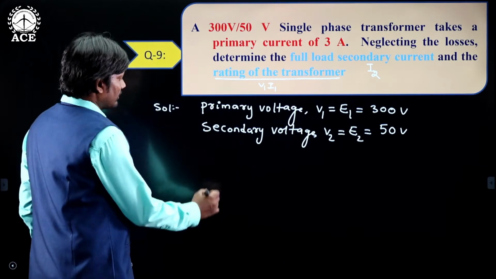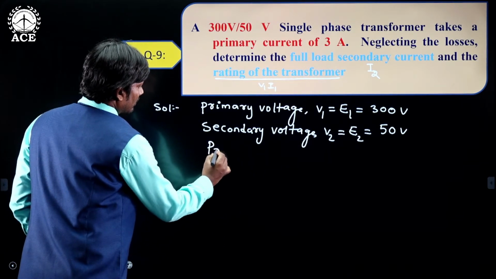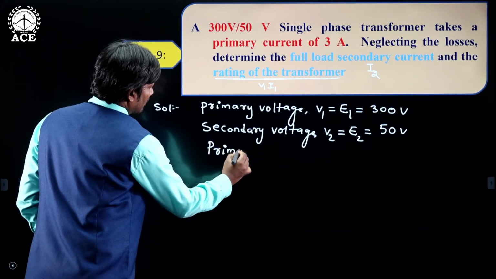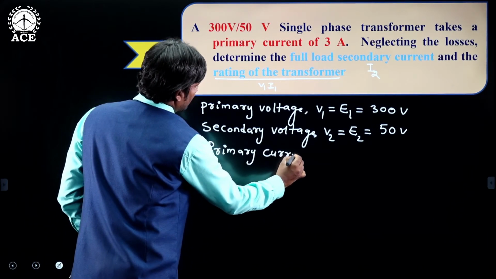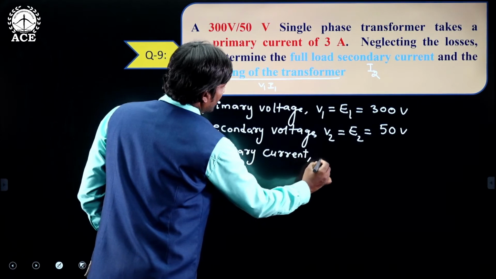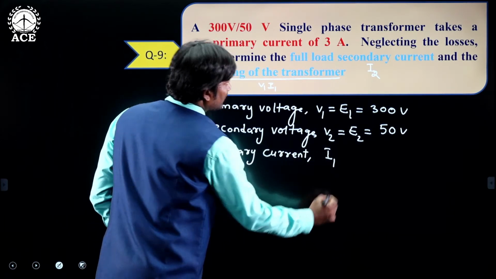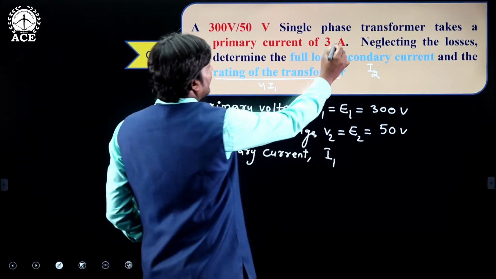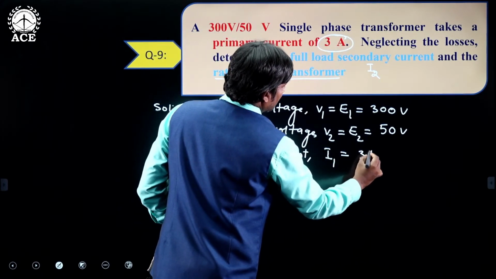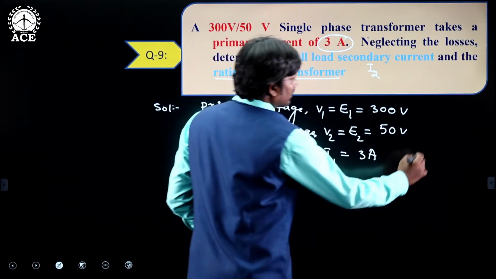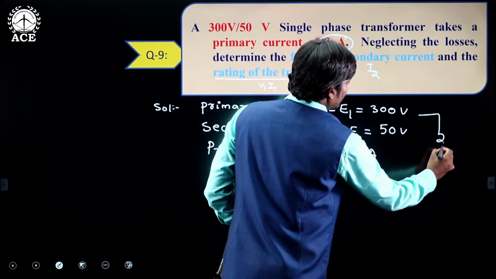The primary current I1 is also given, 3 amps. If you want to draw this transformer diagram, you can draw like this.